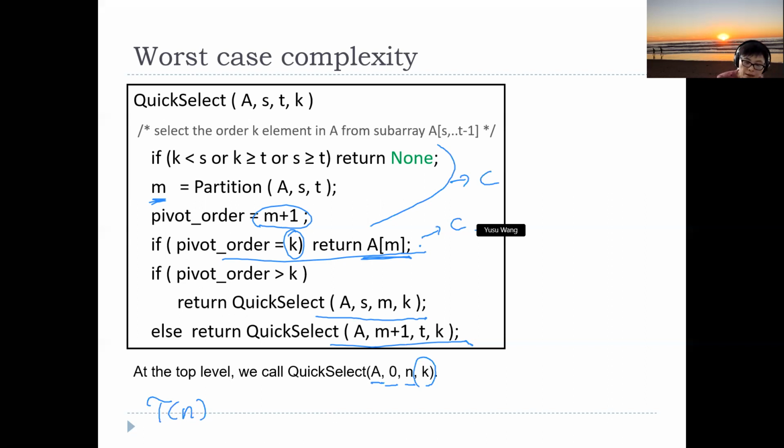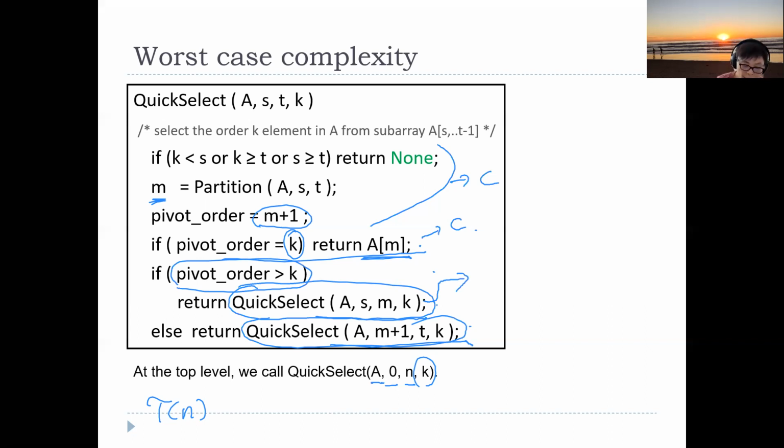But here, whether we call this or this depends on whether the pivot order is bigger than k or not. But let's first figure out line by line what's the time needed. If we go to the left, how much time do we need?